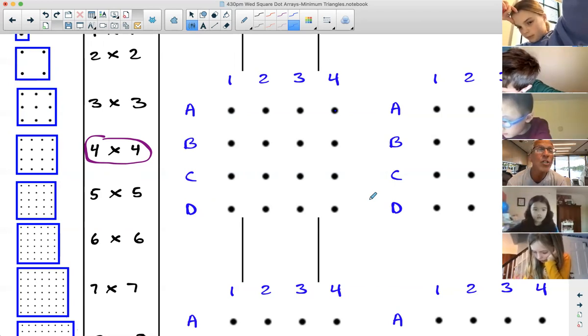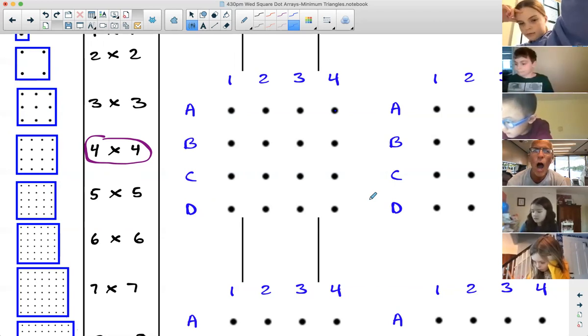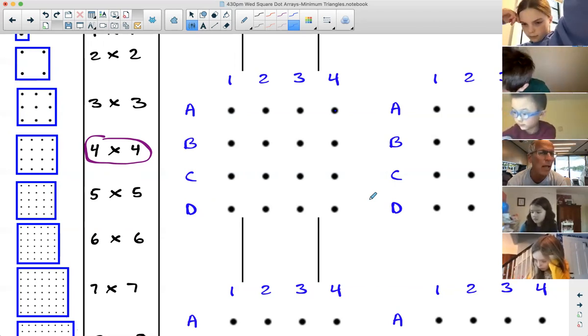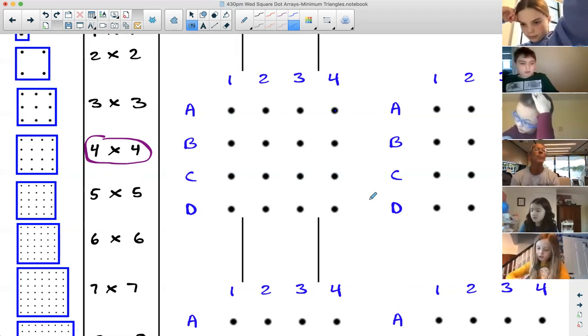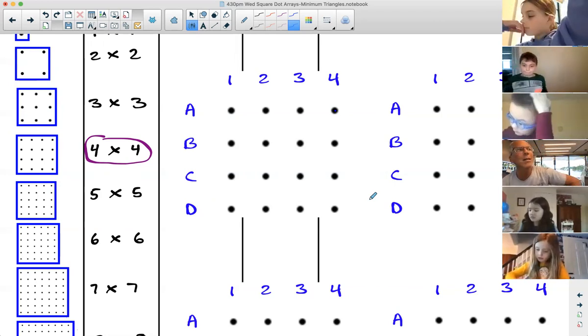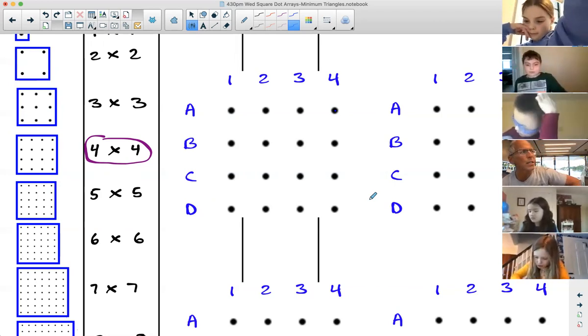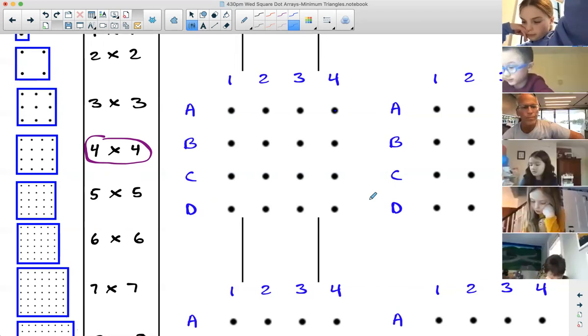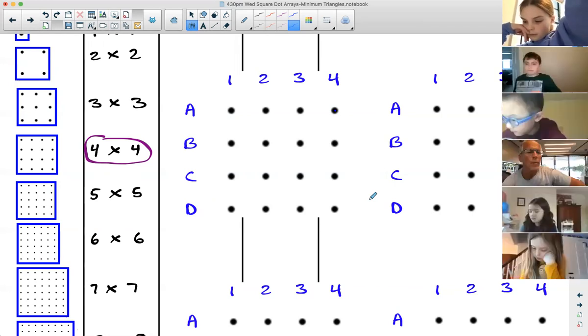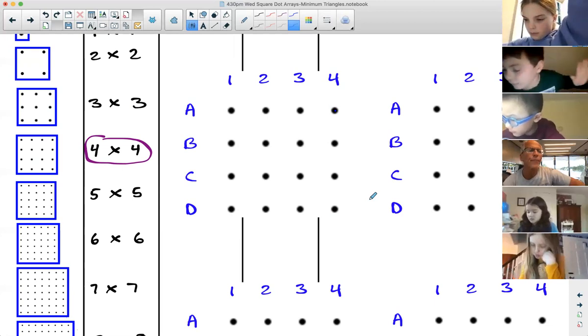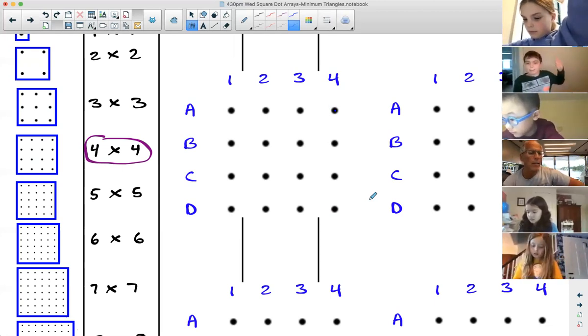There are allowed to be 4 in a row, but the other points in the triangle have to be not on that line, because you need 3 non-linear points to create a triangle. But your job is to have the fewest. Now Jack's got it, which is cool.